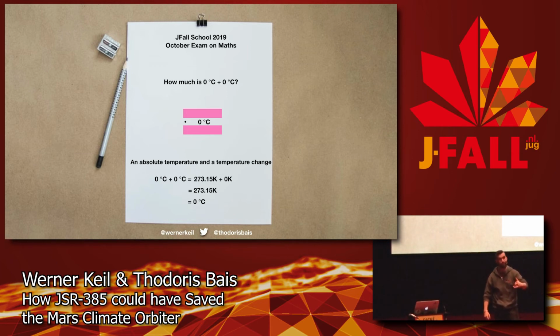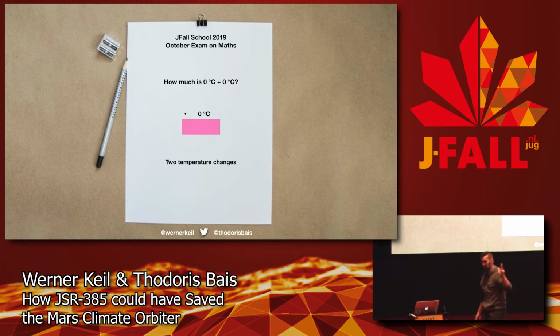Short recap. First case, 2 absolute temperatures, right? Second case, 1 absolute temperature and 1 temperature change. And what is left for the third case? 2 temperature changes, right? What happens here? So, for a temperature change, remember what we said for the second case?